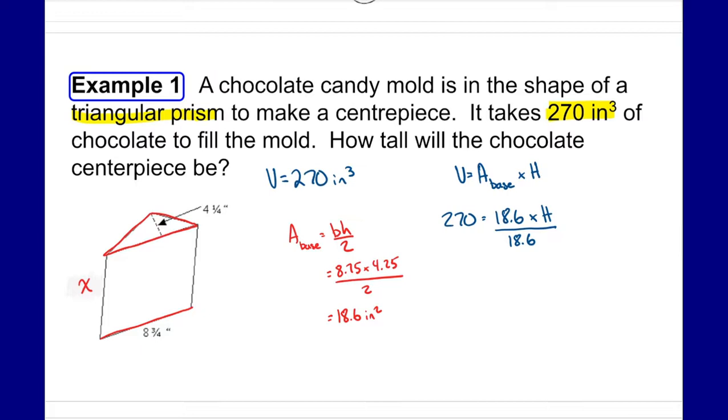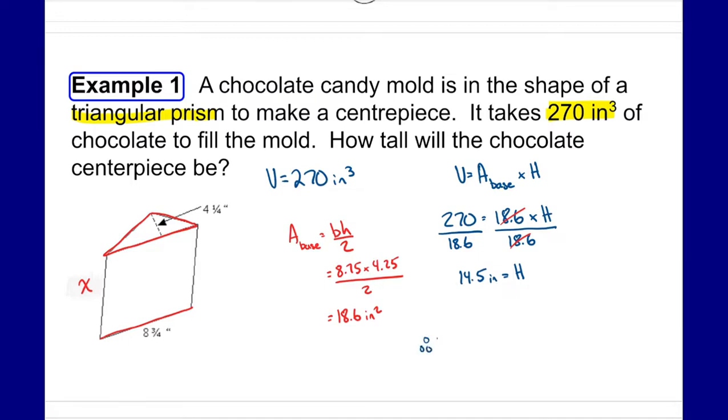Now, in order to make sure that I haven't changed my equation, I need to do the same thing to the other side. I need to divide the other side by 18.6. One side will cancel out, and I'm left with 14.5 inches for my height. So now I know that the height of my centerpiece is 14.5 inches.